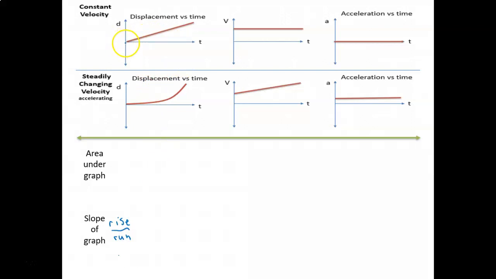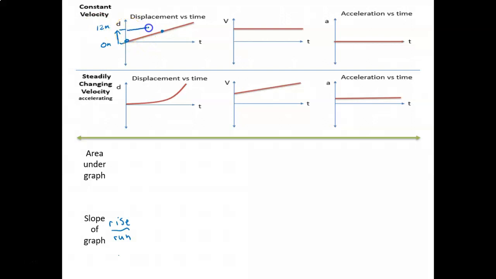Let's say we look at 2 points on this graph, here and here. Our rise would be the y-axis. That would be a certain change in displacement. Let's say we went from 0 meters of displacement to 12 meters of displacement.